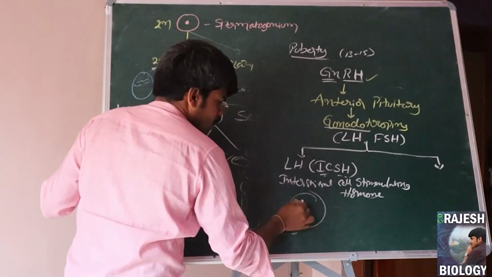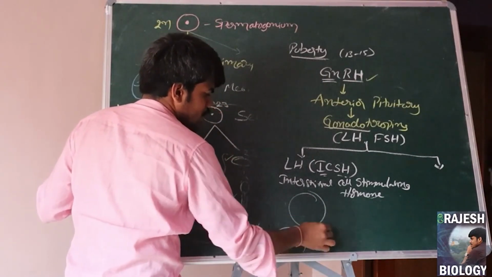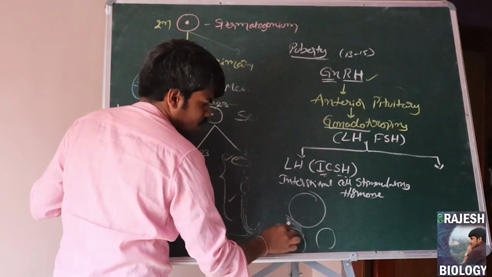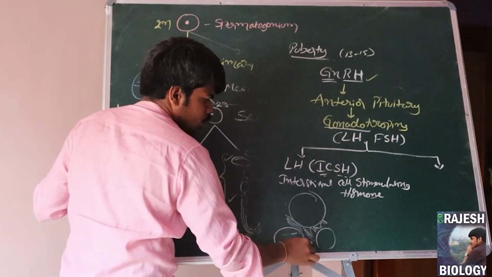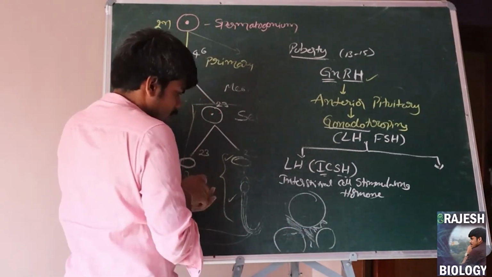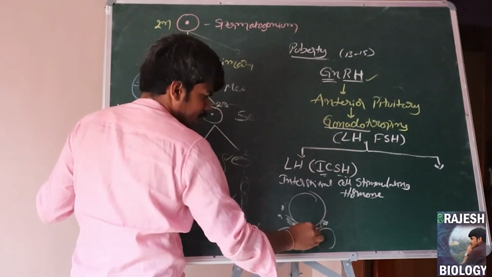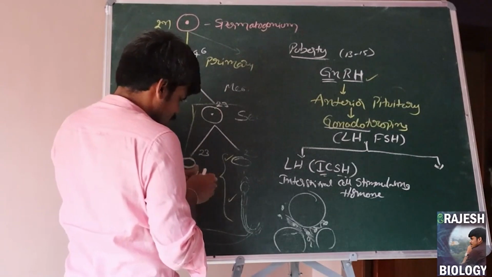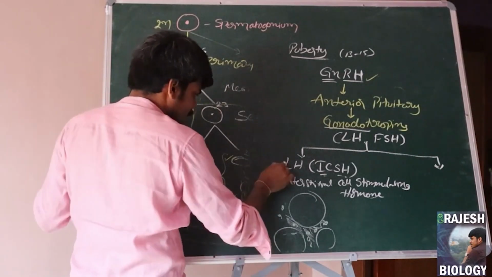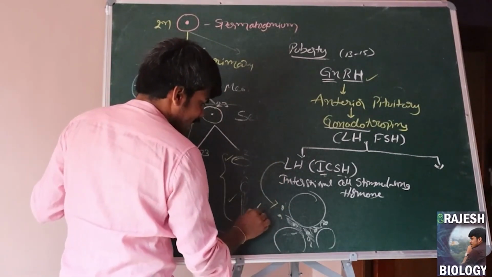The space between the seminiferous tubules is called interstitial space. The cells present here are called interstitial cells. So Leydig cells are called interstitial cells. LH is going to stimulate what? Leydig cells.